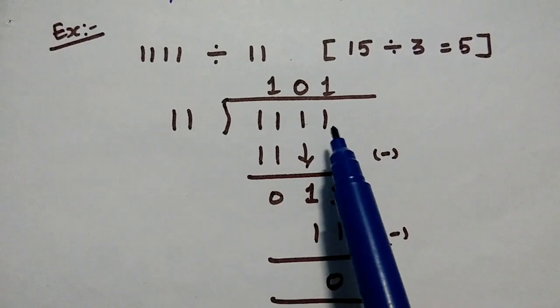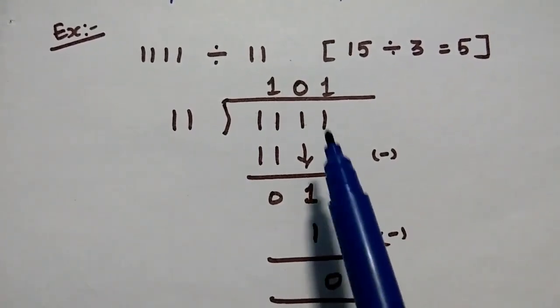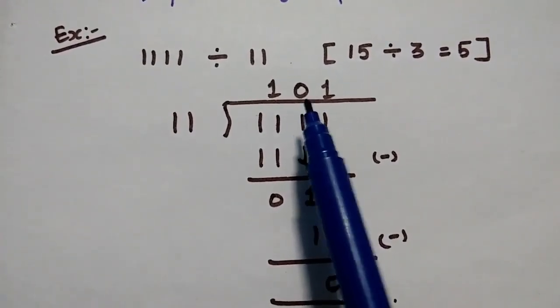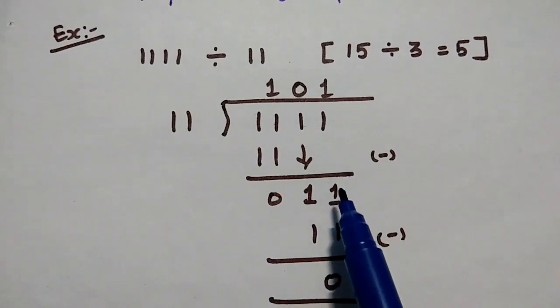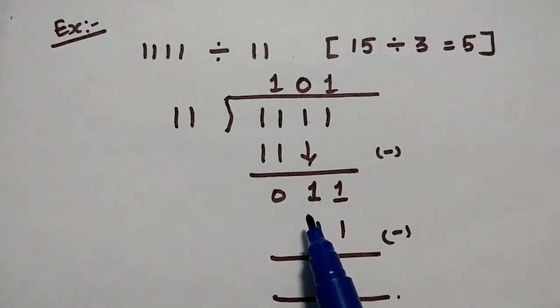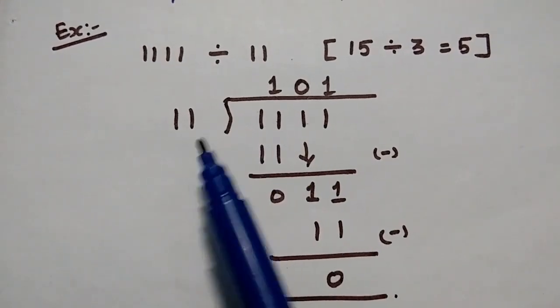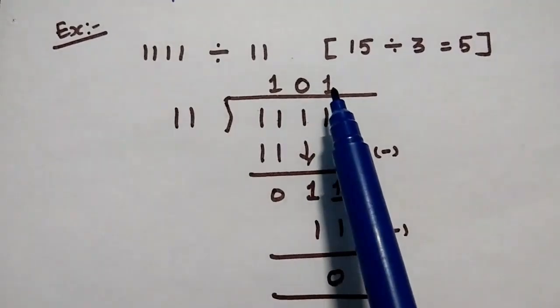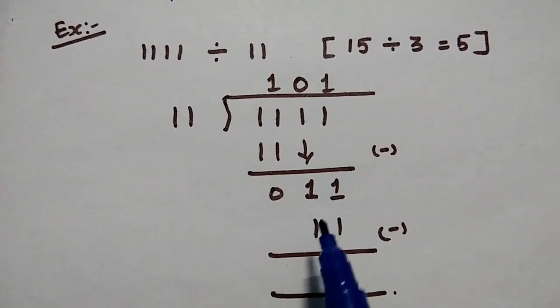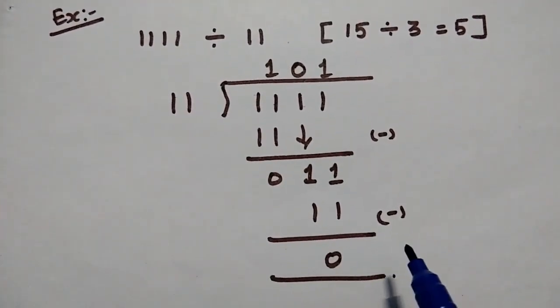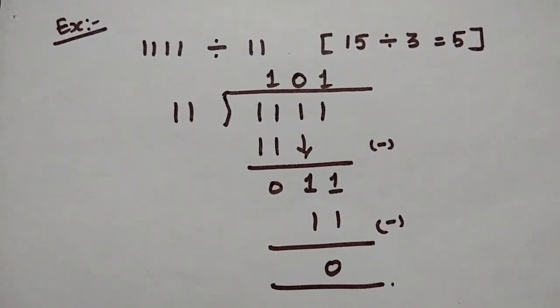Then we have to move another bit. After putting 0 on the top, we have to move down this 1. Now we have got 011, which is equal to the divisor. So now we can put 1. So 1 into 11 is 11. Then we can subtract this from the dividend.